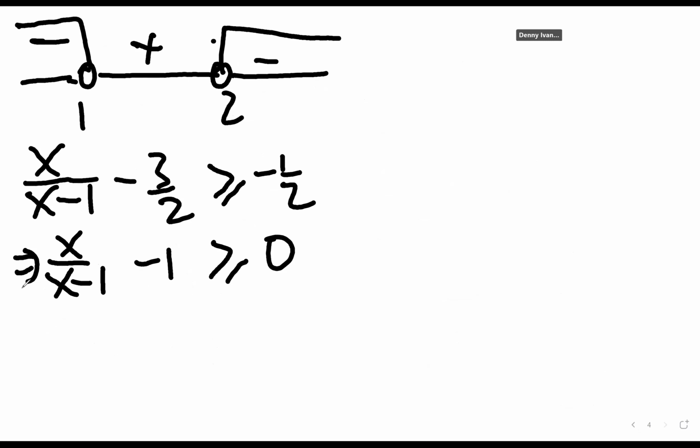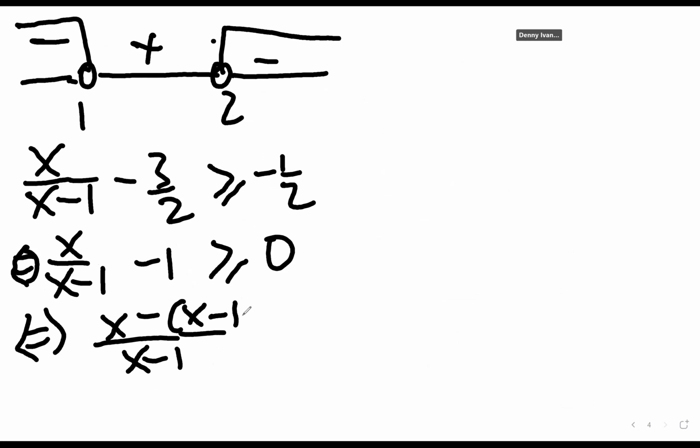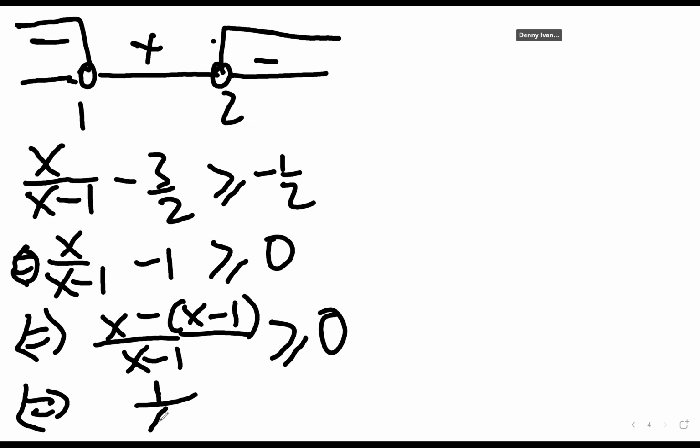Simplify it to be equivalent with x over x minus 1 minus x minus 1 over x minus 1 greater than 0, and this becomes 1 over x minus 1, right? Is greater than 0. So the conclusion will be x minus 1 should be greater than 0, or x is greater than 1.